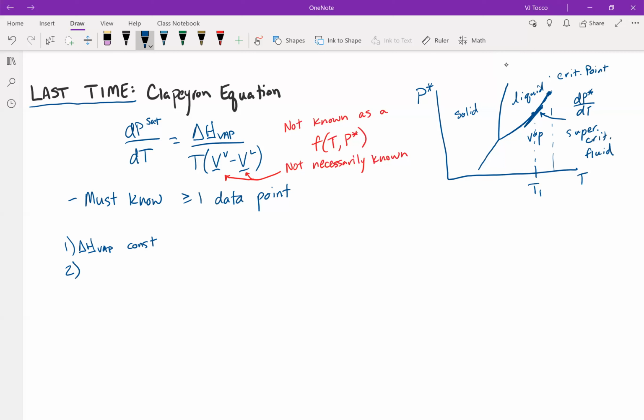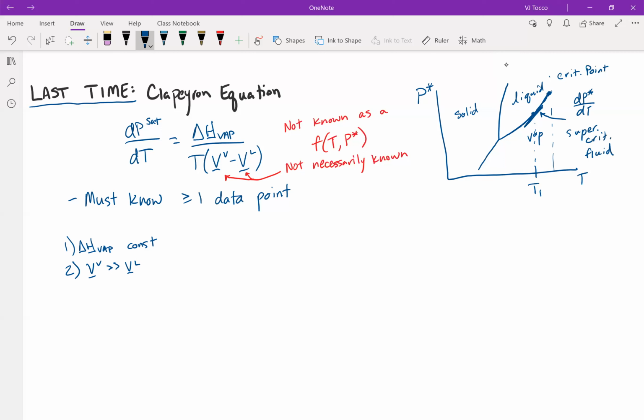Clausius also assumed that the molar volume of the vapor is much, much greater than the molar volume of the liquid, which is a pretty good assumption. Again, because vapor takes up so much more space than liquid. I won't say always, but at room conditions definitely, and the lower the temperature is, the more true this is.